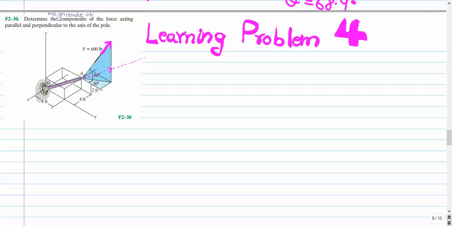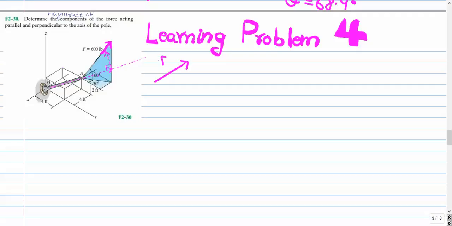So the other component would be something like this. It would be drawn at right angle to the axis of the pole. Okay, so this is going to be the second component. Alright, so let me redraw this right angle triangle here in order to make it more clear.